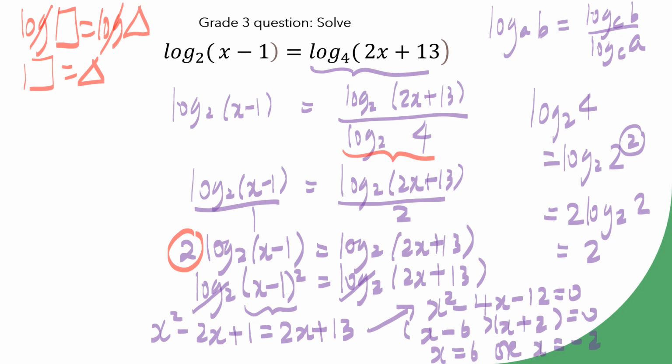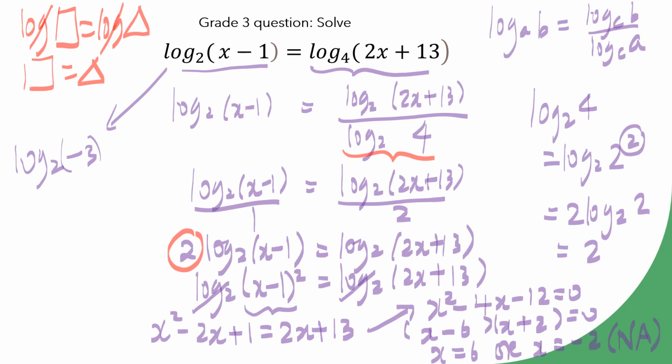Our story does not end here. You have to check for the validity of the answer. So quite obviously x equals to -2 has to be rejected. Why? Because when you put x equals to -2 here, you get log base 2 of -3, which does not satisfy the definition of the log.